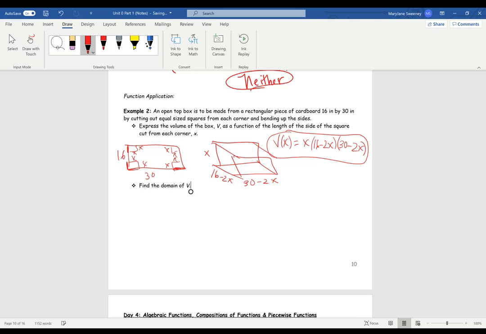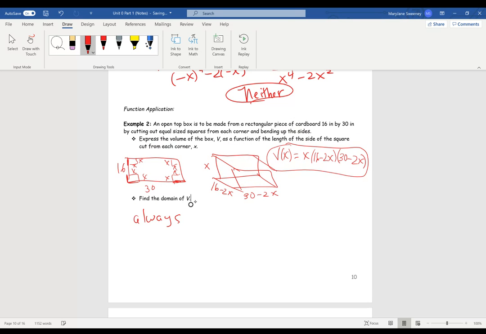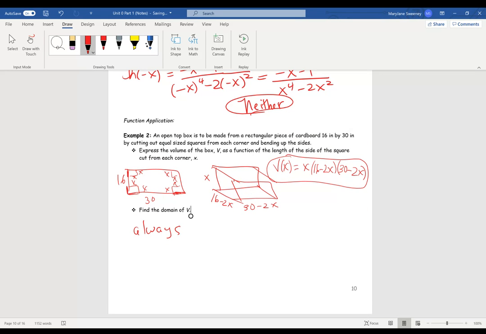And then your domain for these was always between 0 and half the shortest side of the cardboard.